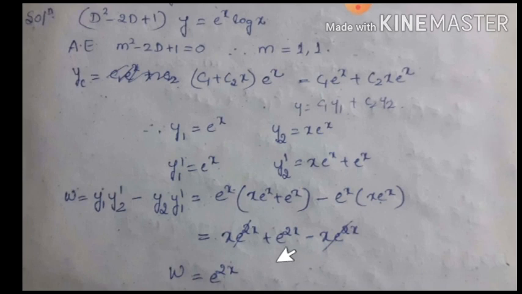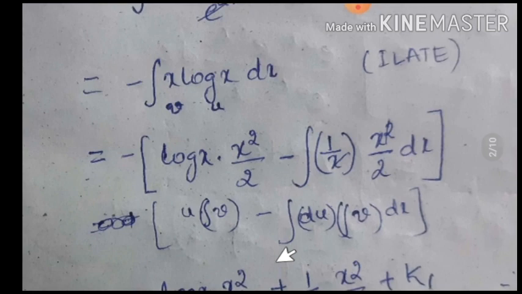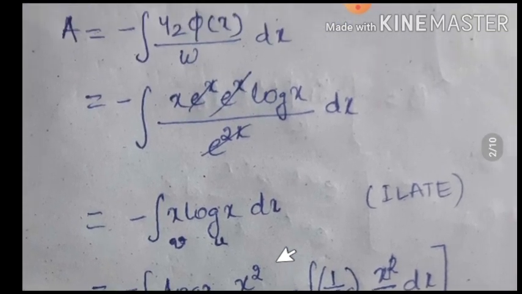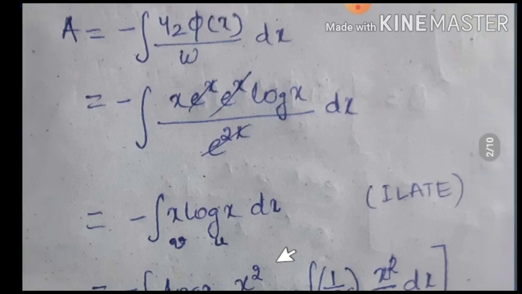Correct? So after finding w in variation of parameter, we need to find what a and b are. To write down the complete solution from variation of parameter, y equals a y1 plus b y2. So we need to find what a is. What is the formula for a? Minus integral of y2 phi of x by w into dx.